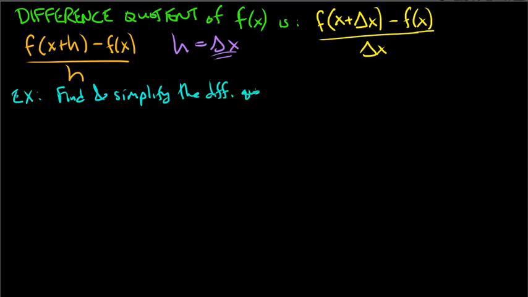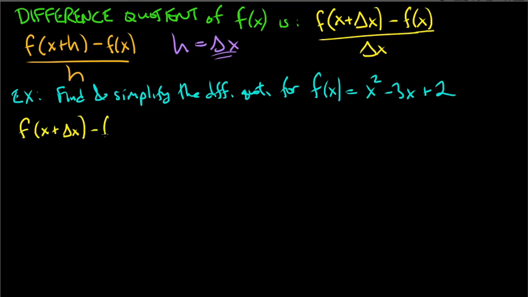I'm going to abbreviate difference quotient for f of x, and we'll use the same example, right? x squared minus 3x plus 2. Right, so this is something you've done many times already, or at least I hope you have. And it starts, let's just write down the difference quotient. It's the definition. And now we apply it to this particular function, right?